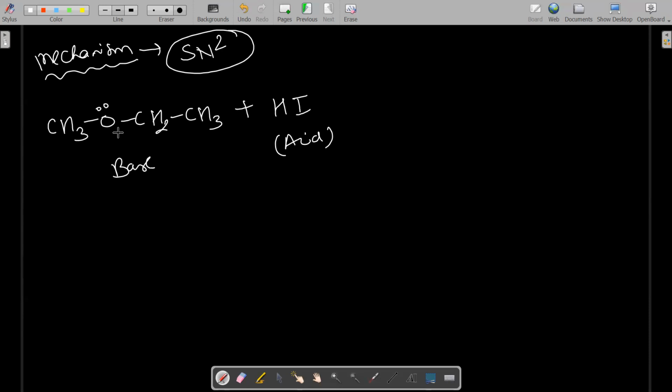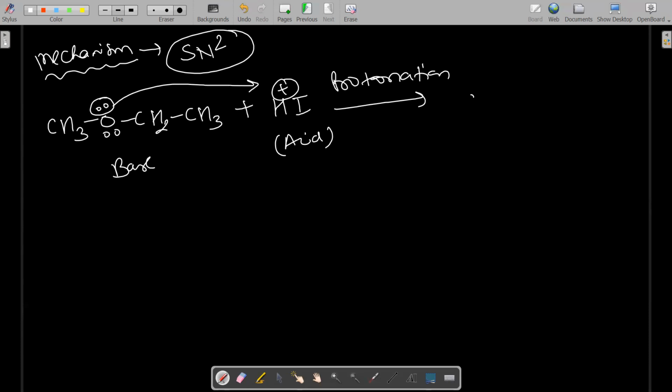All of you know ether behaves as a base when treated with a strong acid due to the presence of a lone pair. So protonation occurs. Ether first undergoes a protonation reaction with HX to form protonated ether.